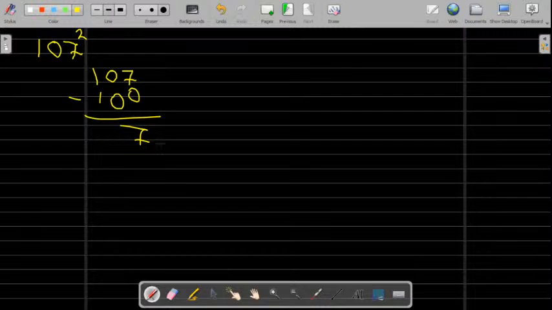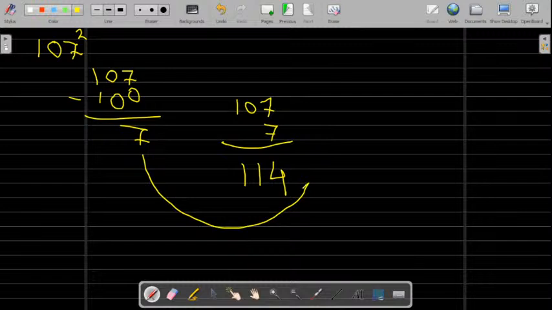Now what to do? You have to add that difference. 107 plus 7, how much will you get? 114, right? And the square of the difference is 49. So 49 is the last part.